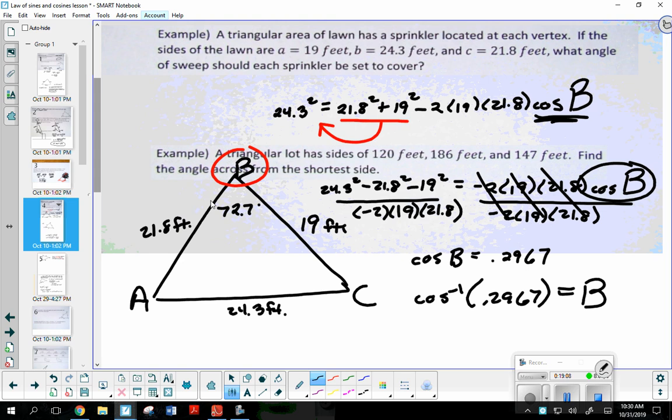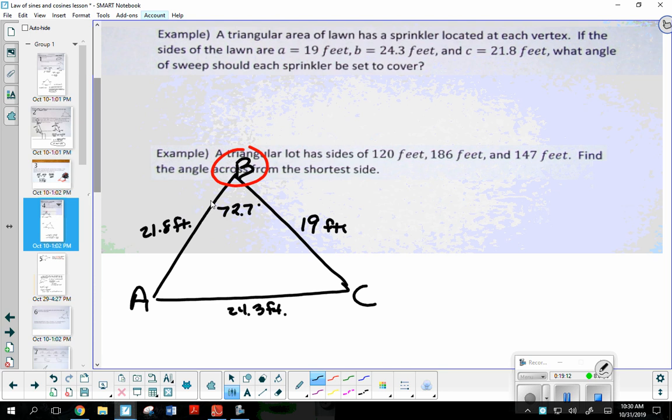Okay, so let's go ahead and find another side. Let's go ahead and go to A. All right, so I want to find angle A. Can anybody go ahead and tell me what the law of cosines would be given the information? What would I start the equation with? Okay, what's that? Okay, 19 squared equals.